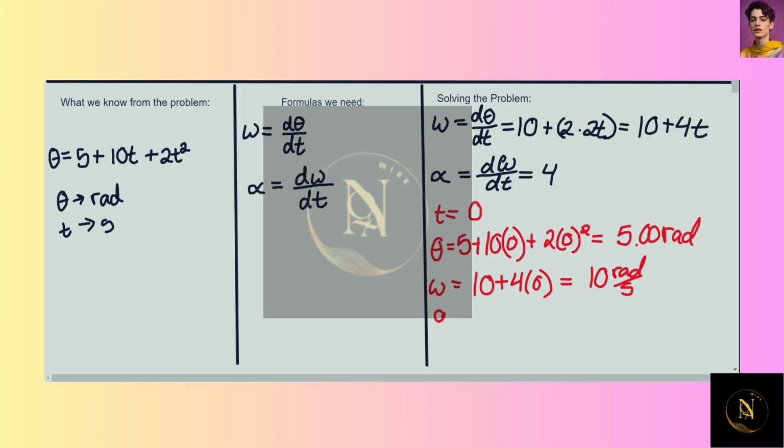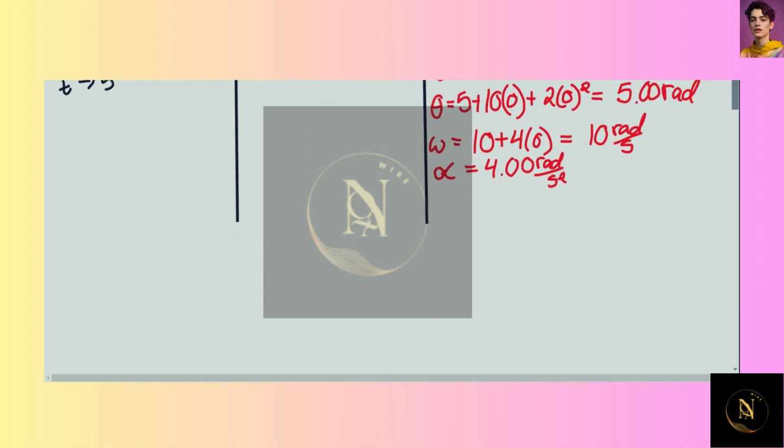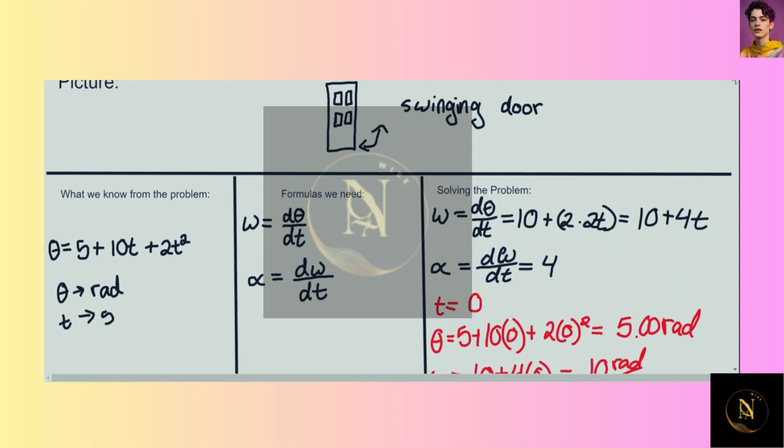And finally, with our angular acceleration, this one's easy because it's always a constant, so it's always going to be 4.00 radians per second squared. So there are our answers for time t equals 0.